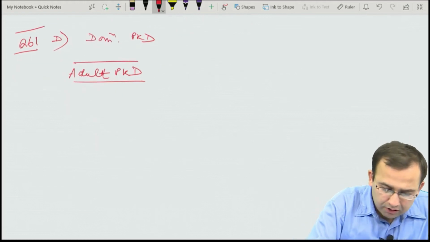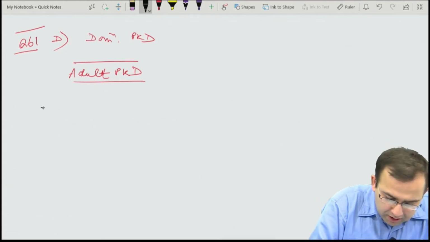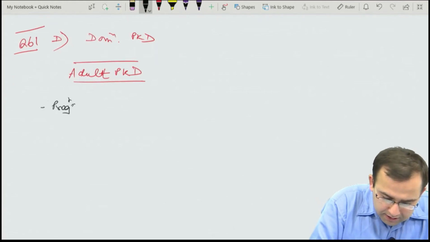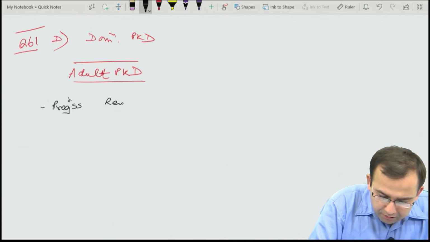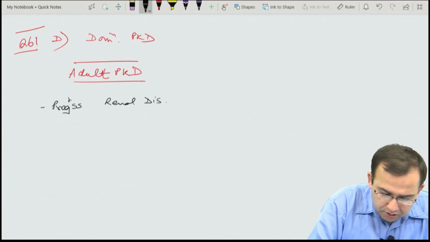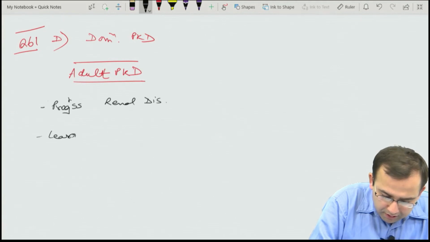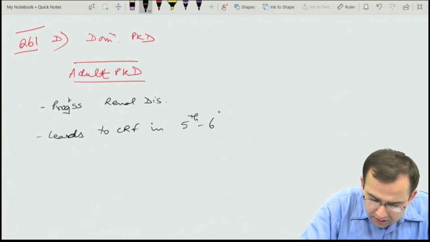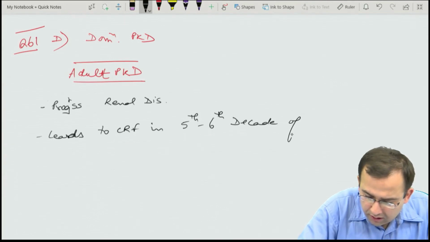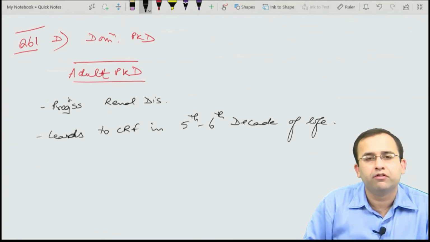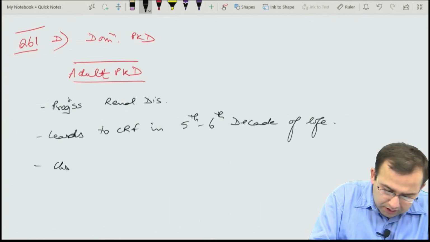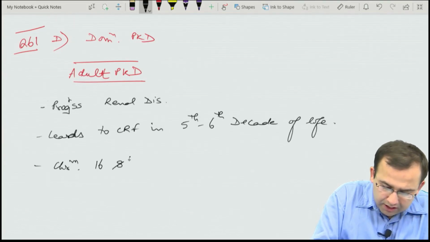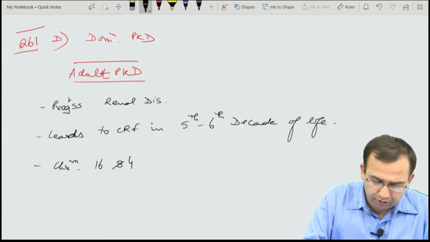Next, let us have a look at a few points with adult PKD. It is a progressive renal disease. Progressive means it leads to chronic renal failure in the 5th to 6th decade of life. In this, the chromosomes affected are 16 and 4.